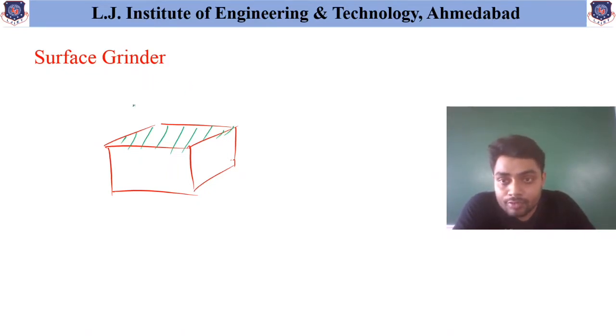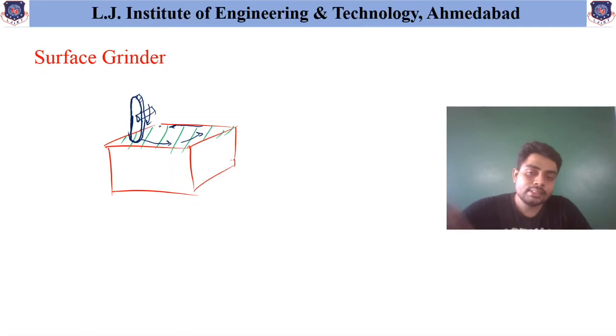Suppose we are using this type of grinder, and this grinder is rotating about its periphery and we are moving it across the surface of this component. What do you think, may this grinder be helpful for finishing? Let us take a second example.